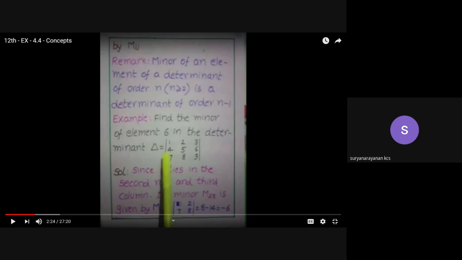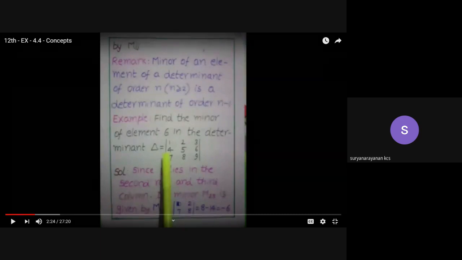Very good observation. The element 6 lies in the second row and third column. You have to identify the position of an element in the given determinant or in the given matrix. If you observe carefully, the number 6 lies in the second row, third column. Okay, my children.